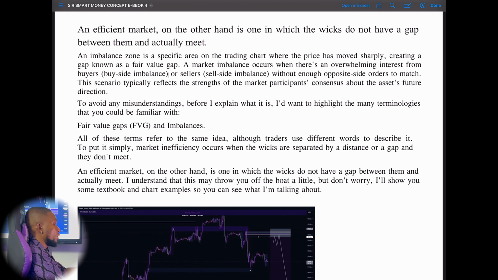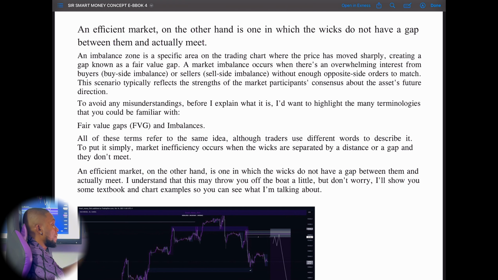An imbalance zone is a specific area on the trading chart where the price has moved sharply, creating a gap known as fair value gap. Remember, fair value, imbalance, they are the same thing. Whatever you call it, just know how to use it.